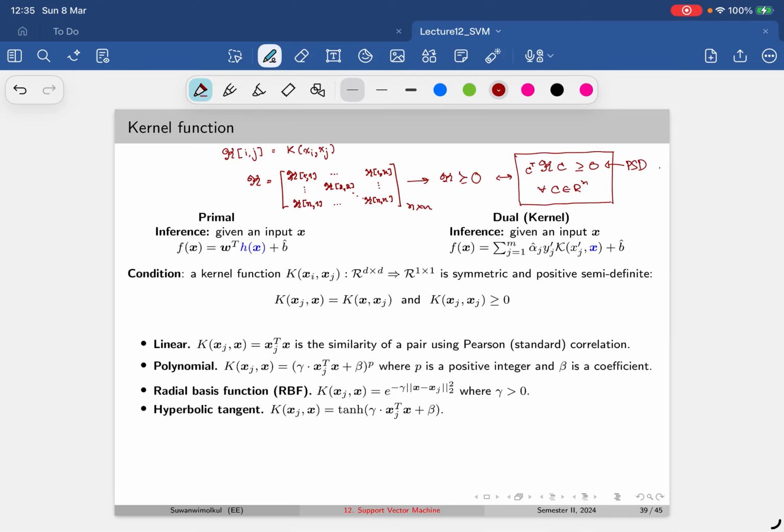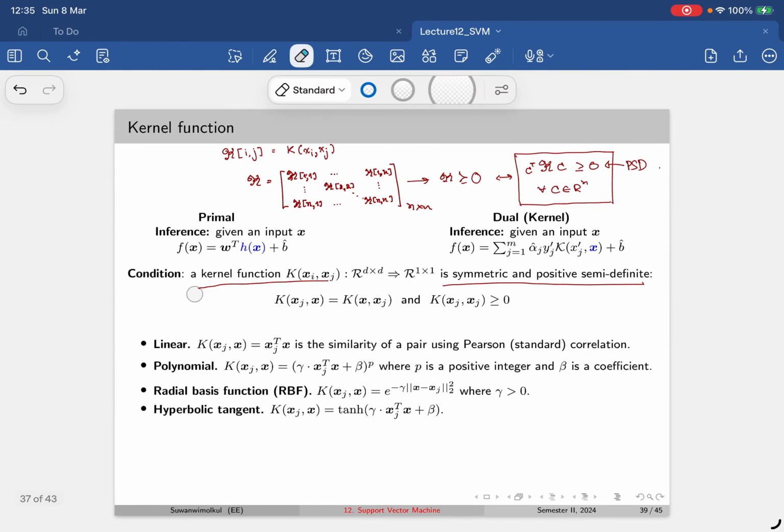The important condition for a kernel function, to make sure that we get a somewhat similar result but a different data mapping, is that this kernel function has to be symmetric and positive semi-definite.